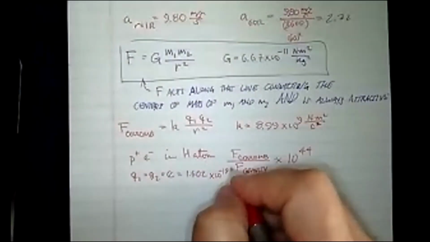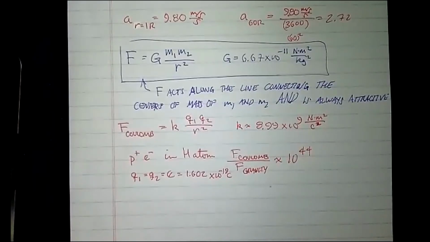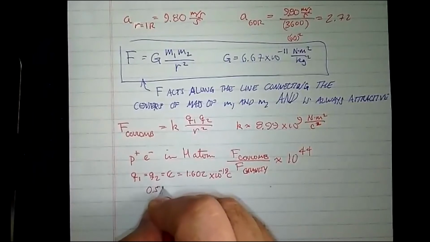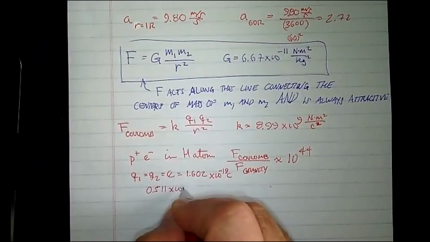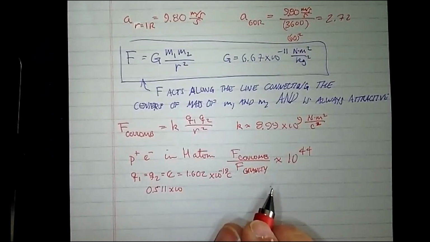And then, of course, you can look up the distance, what we call the Bohr radius. That's a Coulomb, by the way. That's the unit of charge. And you can look up the Bohr radius, which I think is 0.511 times 10 to the, I think it's negative 10th. See if I can even find it in your book.